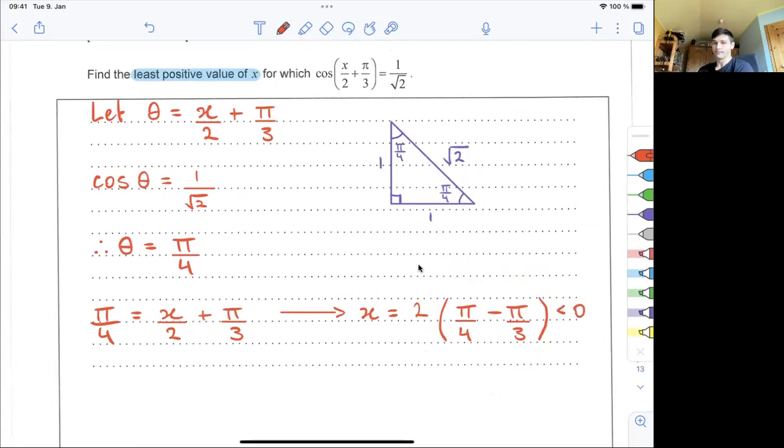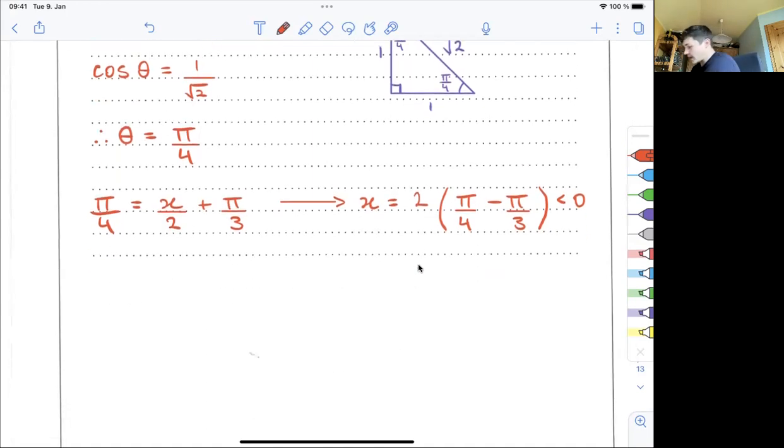Therefore theta being equal to pi over 4 isn't valid. Well, it would satisfy this equation, but it's not the least positive value of x. Oh, sorry, of theta. This would give us a negative value of x, which would satisfy the equation, but doesn't answer the question because we need the least positive value of x.